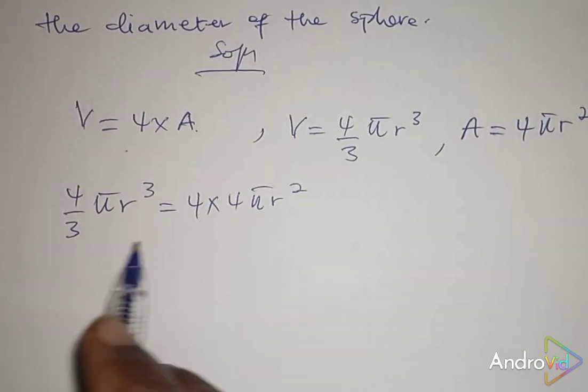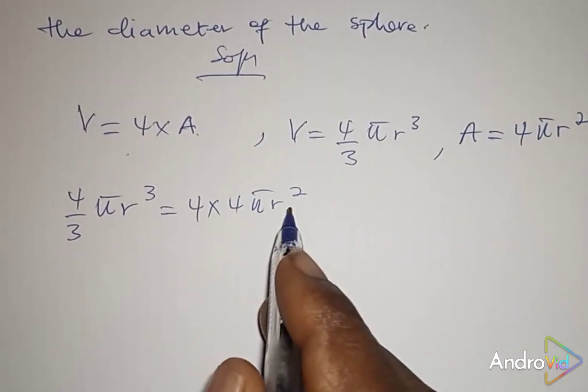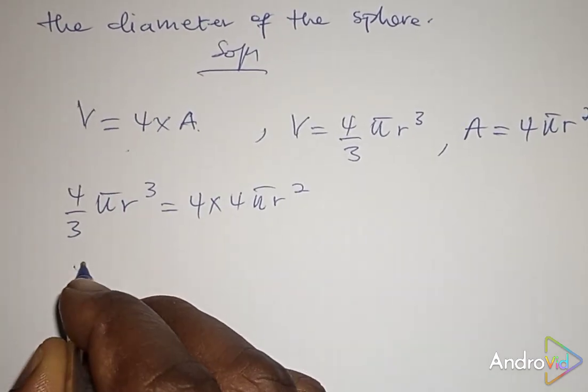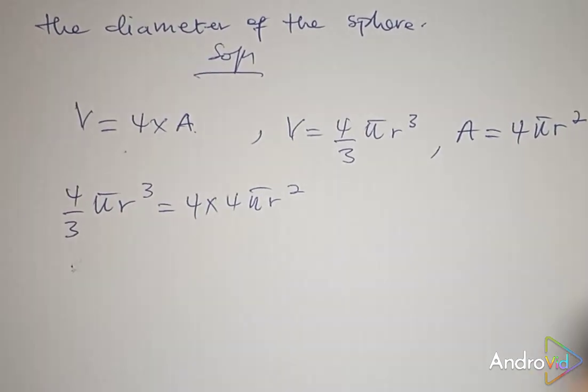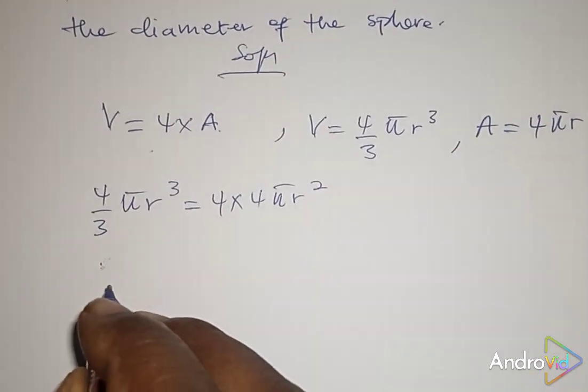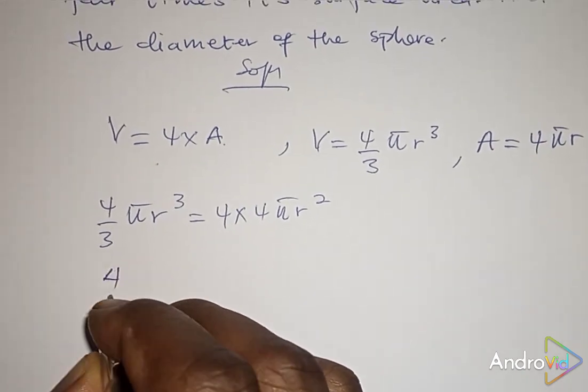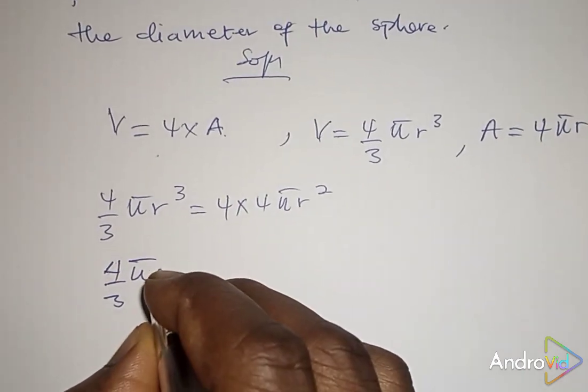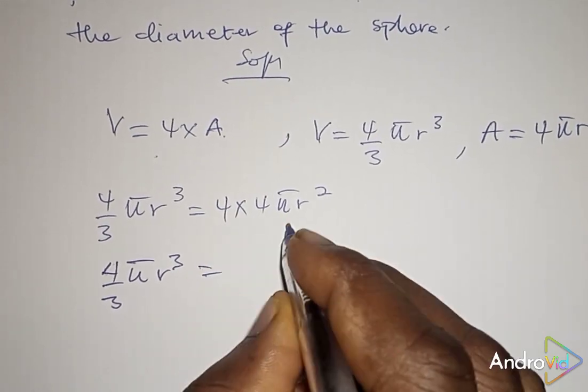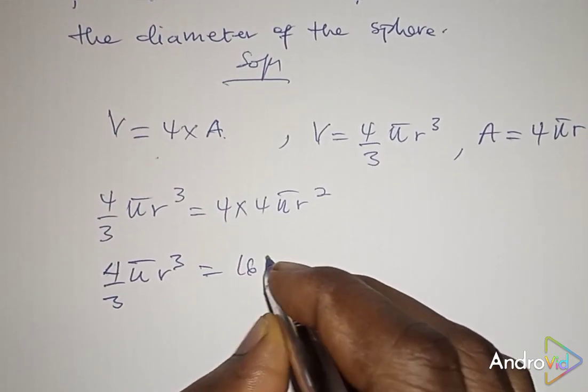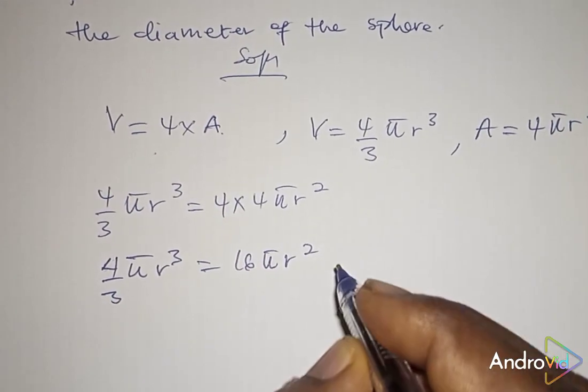Alright, so from here we can simplify the right hand side to get 4 over 3 pi r cubed to be equal to 4 times 4, which is 16, so 16 pi r squared.